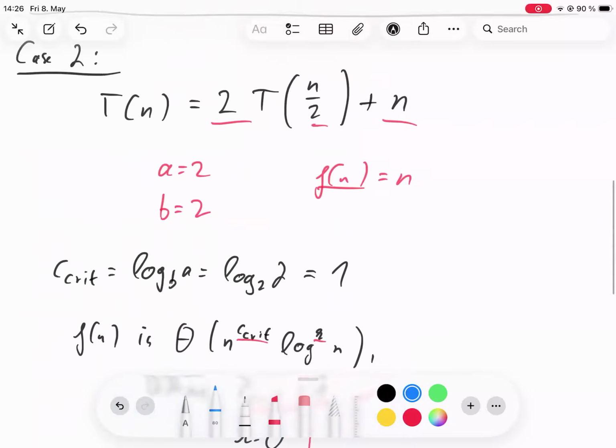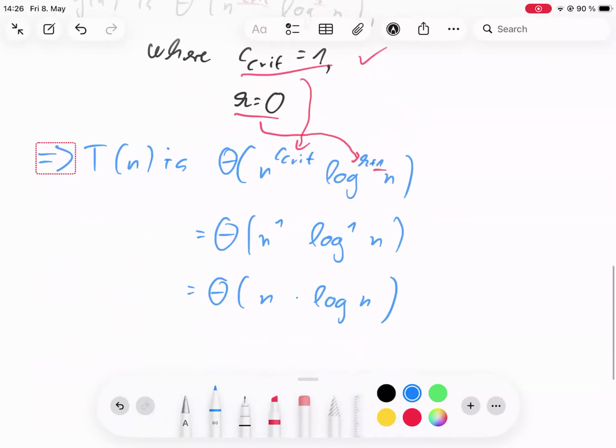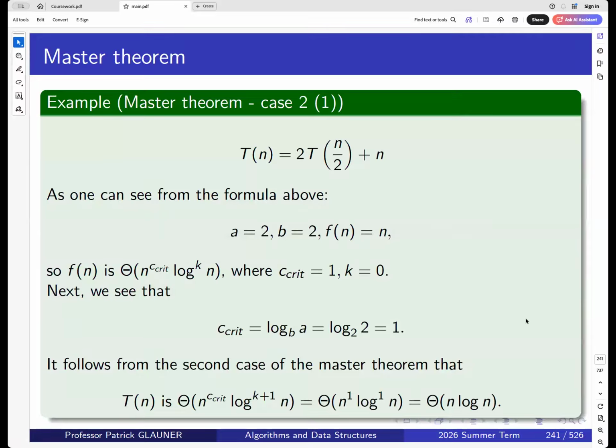But with the master theorem, we don't need to find a pattern and plug something into the pattern, but rather we follow this structured approach. What we have solved together is here in the slide as well. And I want to know from you, which approach do you feel more comfortable with?